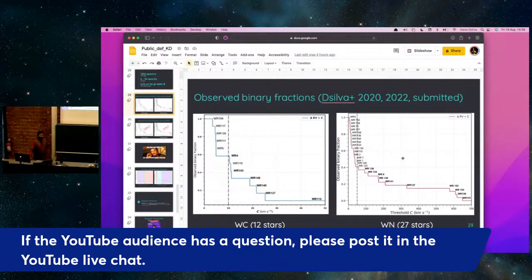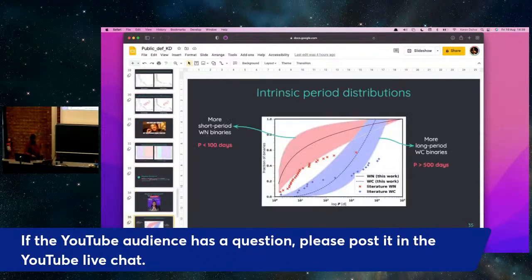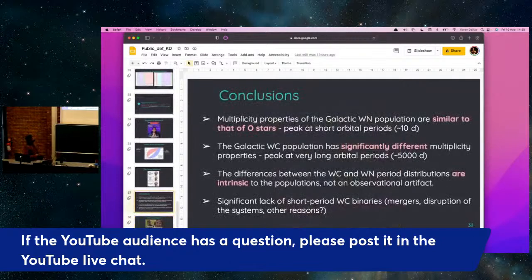The other question is, can you go back to your conclusion slide? I thought that you were very cautious with your conclusions, and that's good. But I'm wondering, in the case of the WN stars, they have a peak at short orbital periods, and that peak is mainly for binaries that haven't gone through mass transfer yet, right?